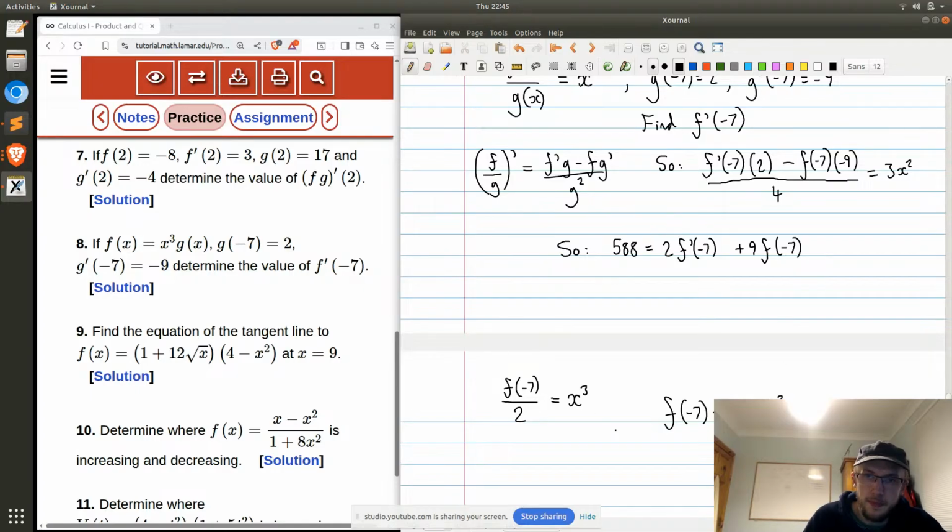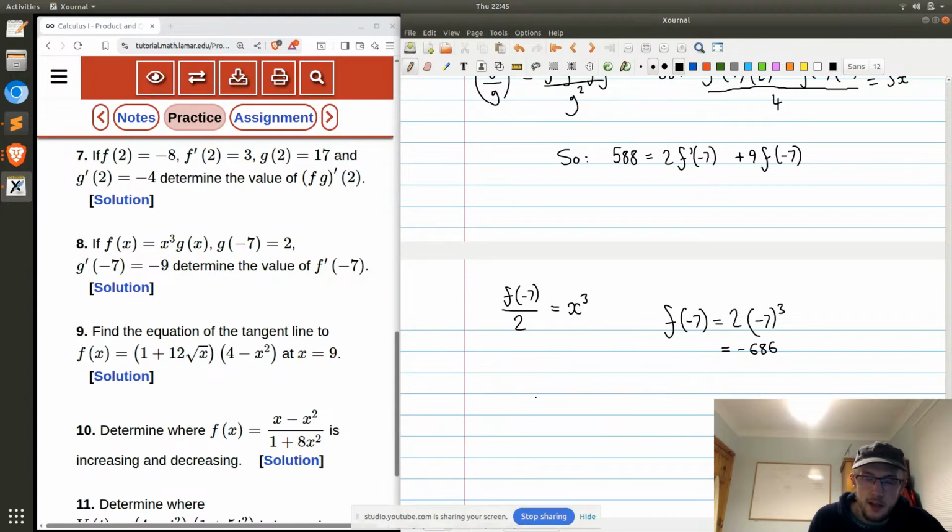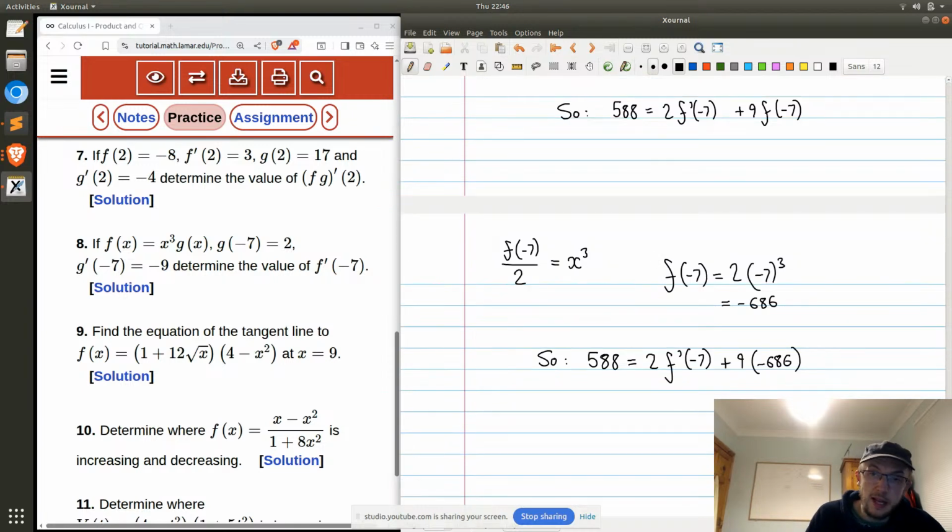So at least try to make the notes somewhat linear. So 588 is 2 times f prime of -7 plus 9 times -686. This is what I think anyway.